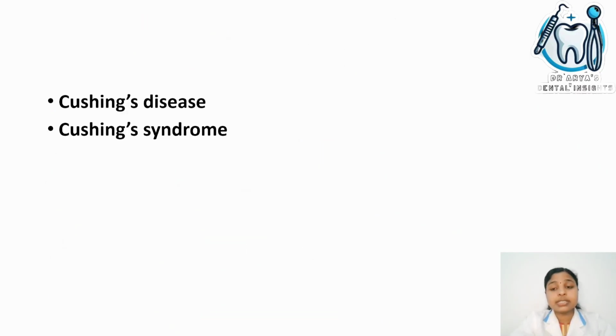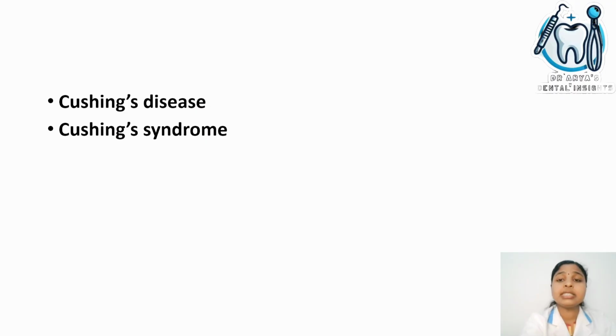So what are Cushing's disease and Cushing syndrome? Is there any difference between these two? Cushing's disease is due to the excessive secretion of ACTH, adrenocorticotropic hormone. It is mostly due to a basophilic adenoma of the adenohypophysis of the pituitary gland.